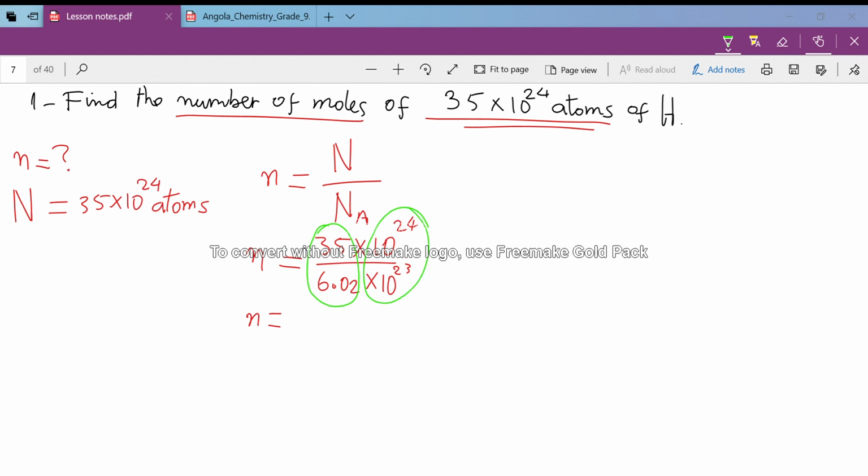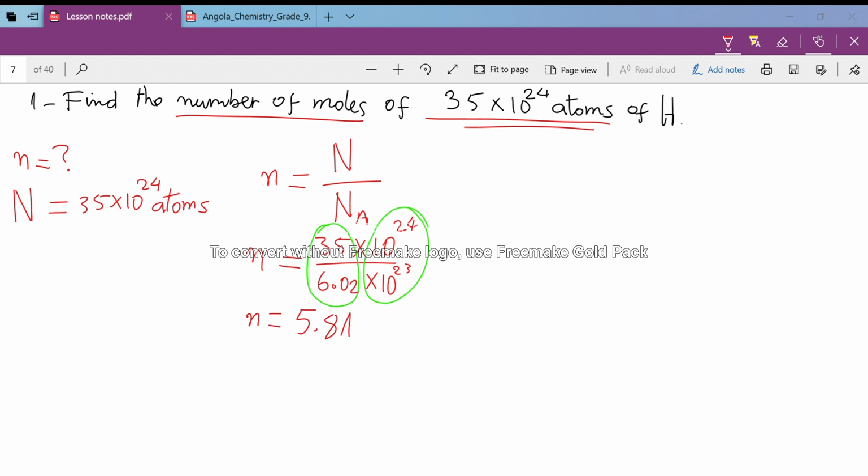So first let's do 3.35 divided by 6.02. The result is 5.81.